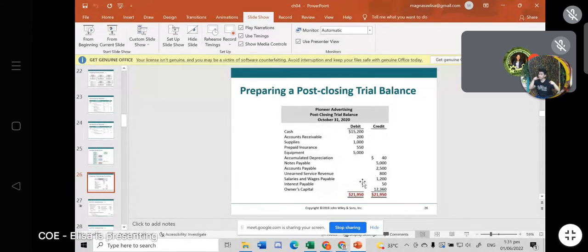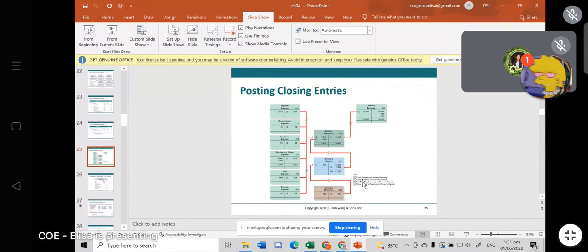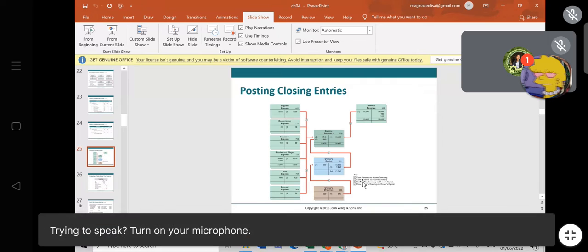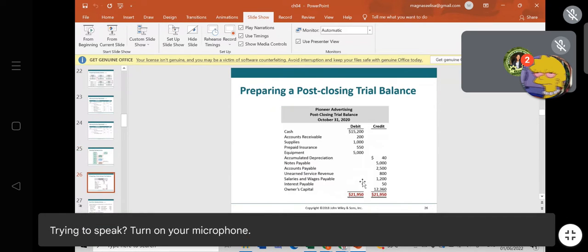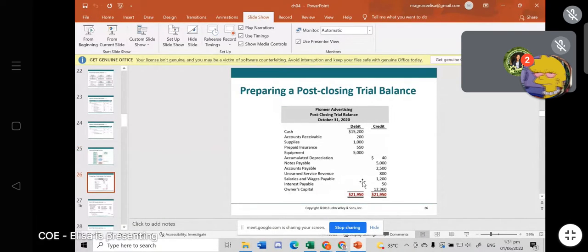After that, what we will do now is prepare the post-closing trial balance. Considering all our temporary accounts will become zero, what will remain are the balance sheet accounts, the permanent accounts.